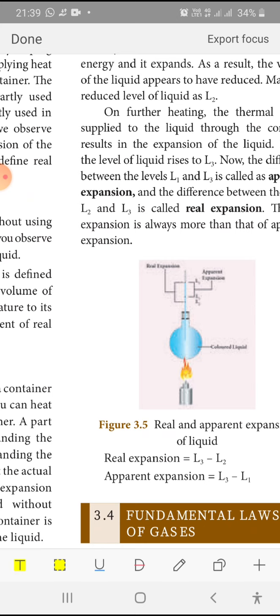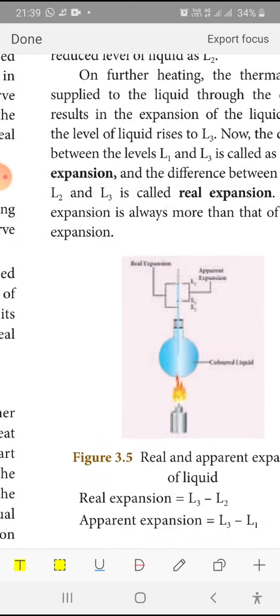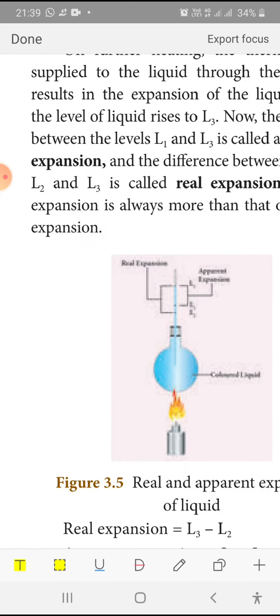Are you able to understand both? Just take a round bottom flask, fill it with liquid to a certain level, close the mouth of the flask using a one hole rubber cork and fit the capillary tube in the hole. On heating the flask, first the container expands, so the liquid level is reduced to L2.